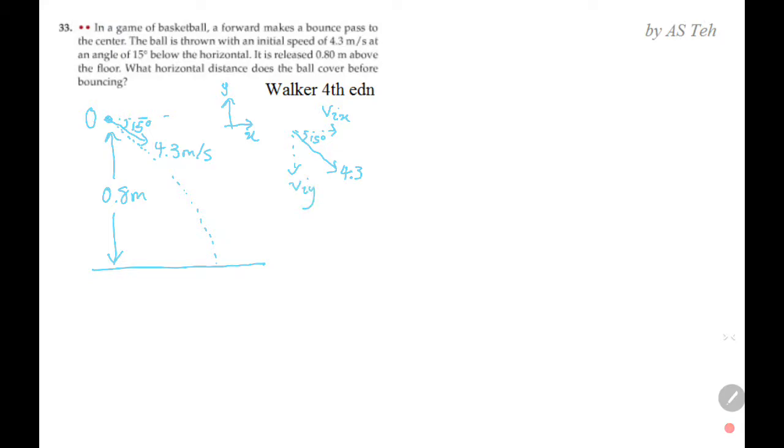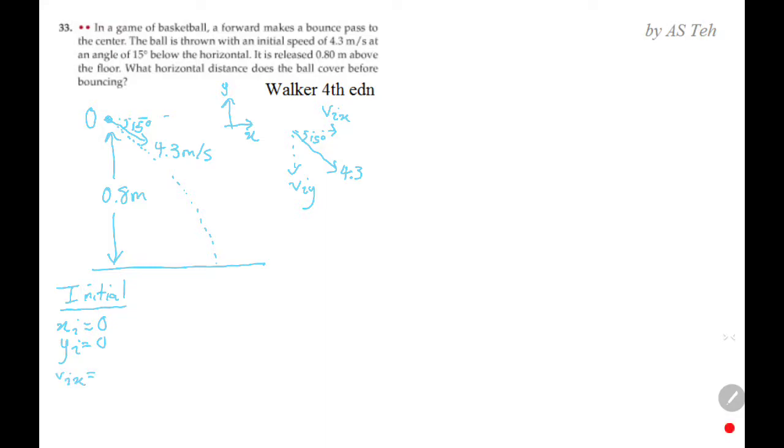Okay, based on our coordinate system and origin, let's list down our variables. Our initial position, before release, is x initial 0, y initial 0, and we also have the initial velocities.